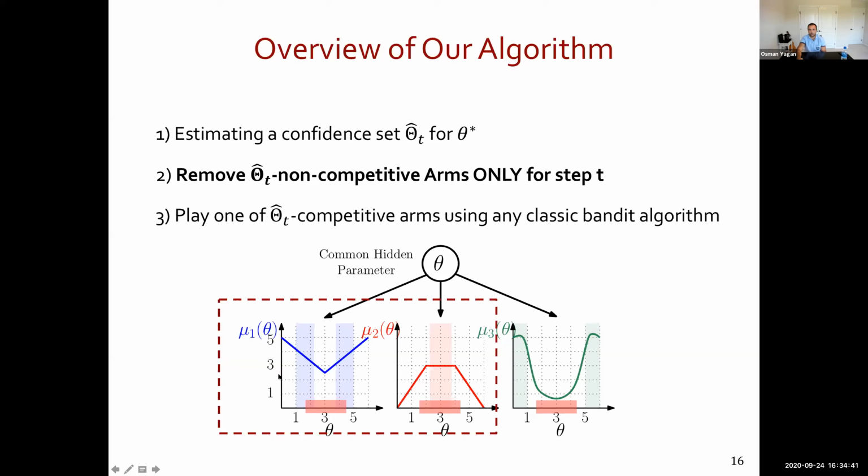For each arm, using the samples you get from this arm, you potentially get a different confidence range. What we do is take the confidence range from this arm and intersect it with that from this one, and intersect it with this one, and so forth. So you take the intersection of the confidence intervals.